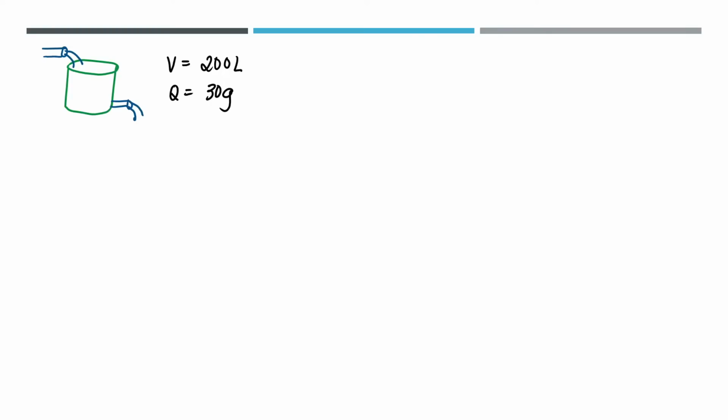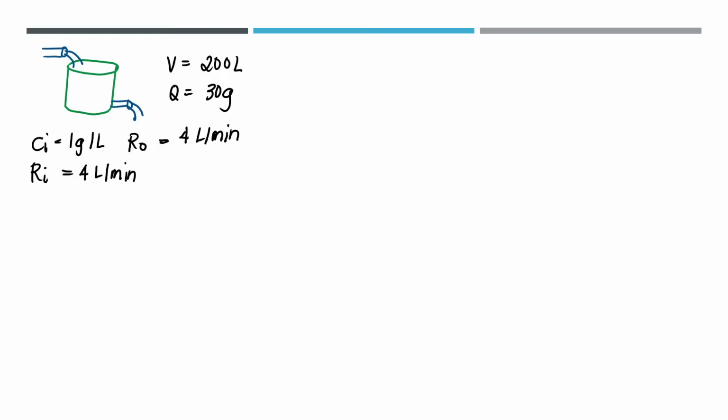What is CI? Because those are what we need: CI, RI, RO, and then we will model CO. So CI is equivalent to 1 gram of salt per liter. Then our RI is 4 liters per minute. Then RO is the same, because it says at the same rate.